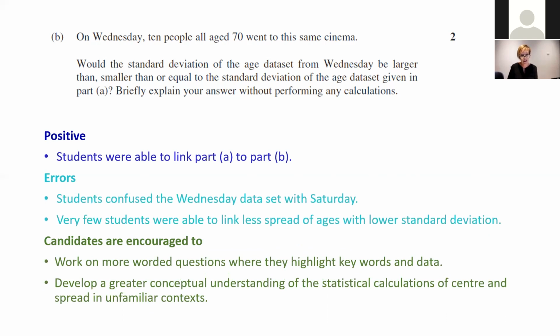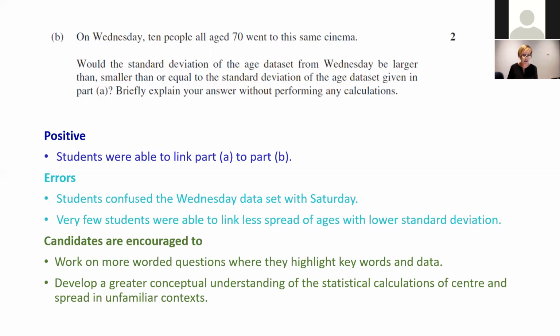We're encouraging students to work on more worded questions where they highlight keywords and data. So one of the strategies that we really need to build in is that idea of the highlighter, getting those keywords, key data and key information in the question, and really shining a light on those so that kids have got a step towards starting the question.